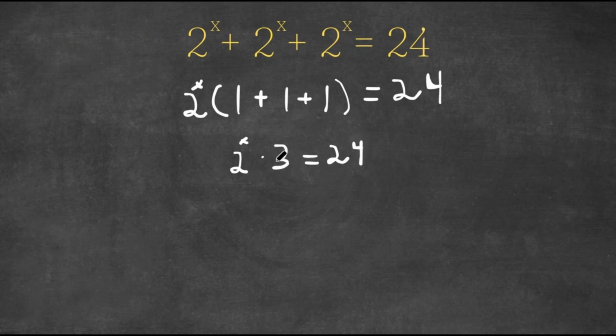Now I want to isolate 2 to the power of x. To do that, I'm going to divide by 3 on both sides to cancel out this 3. These two cancel out, and I'm left with 2 to the power of x on the left-hand side is equal to 24 divided by 3, which is 8.